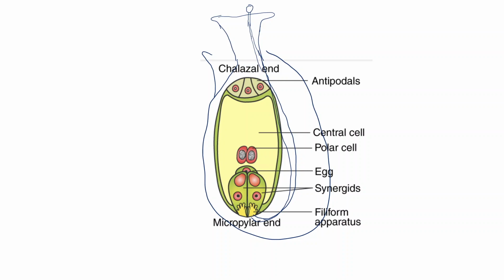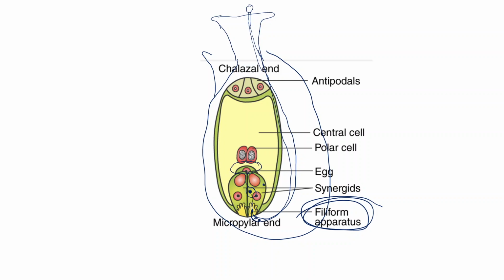It enters into one of the synergid cells, carrying the two male gametes, released here. The filiform apparatus has the function of guiding these male gametes toward the egg cell.